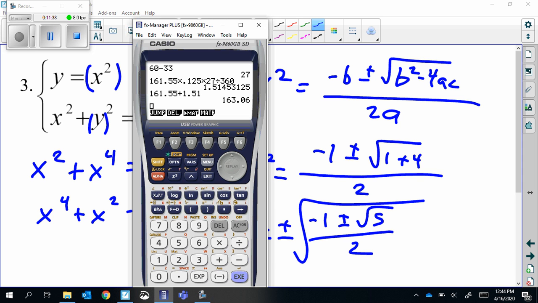If we type that in though, negative 1 plus, we'll just go plus the square root of 5. And then divided by 2. And then we need the square root of that answer.